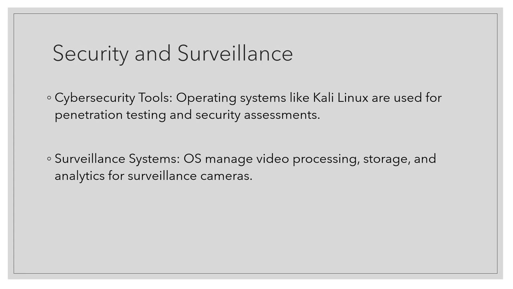Next, security and surveillance. What is the use of this OS? It provides different types of security and cyber security tools. Cyber security operating systems like Kali Linux are used for penetration testing and security assessments.